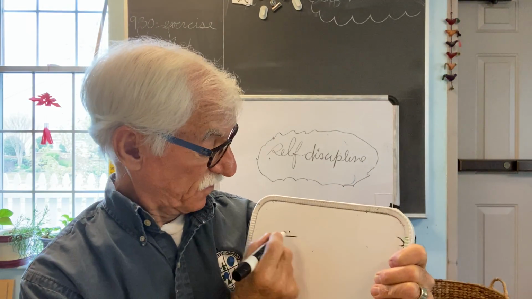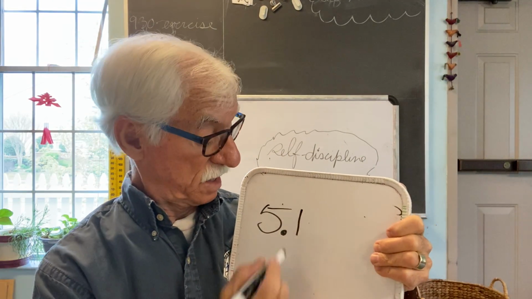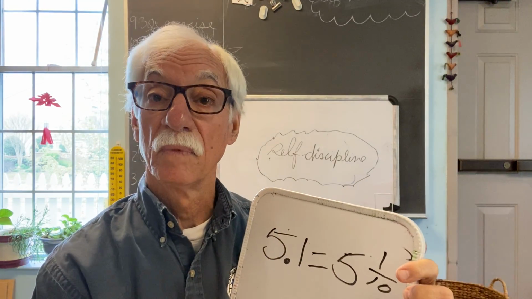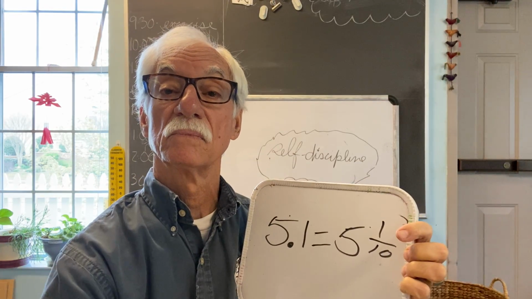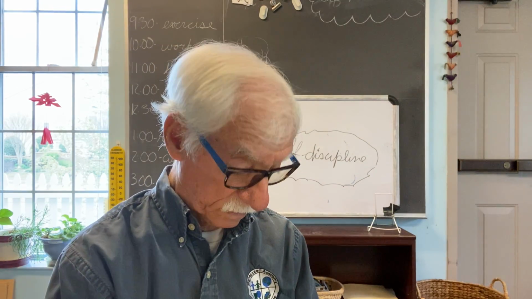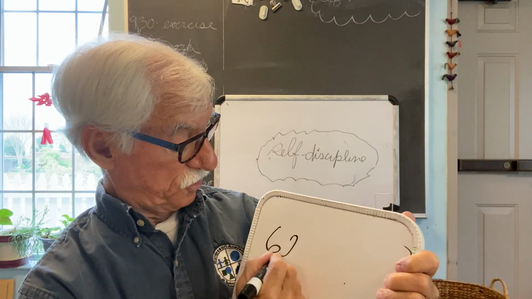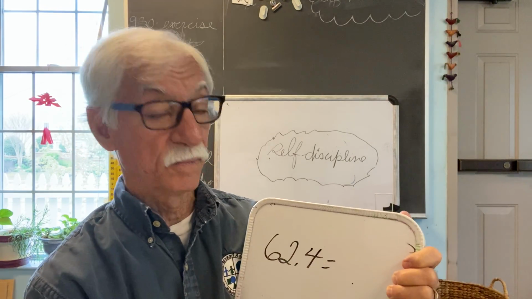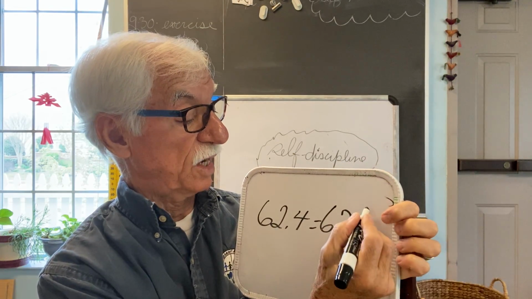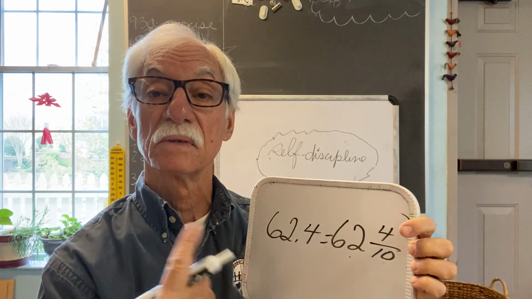So if I have 5.1, read that to yourself, 5 and 1/10, that equals 5 and 1/10, the same. 62.4, 62 and 4/10, can be written 62 wholes and 4/10 as a fraction. Equivalent, the same.